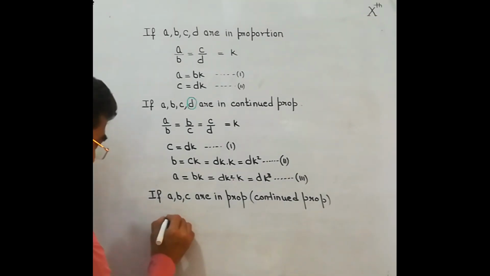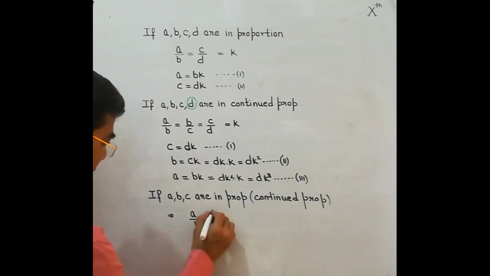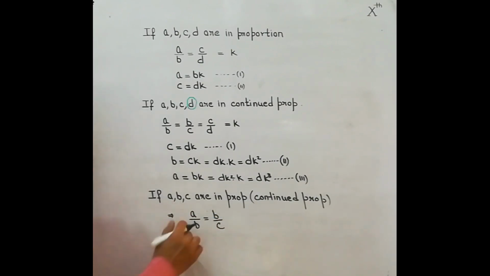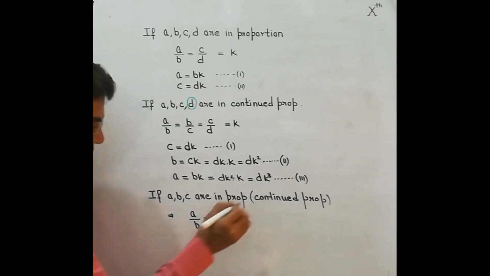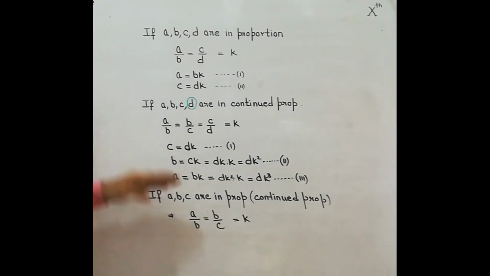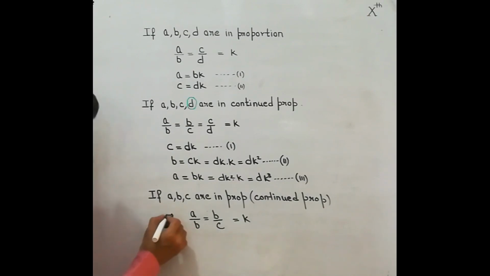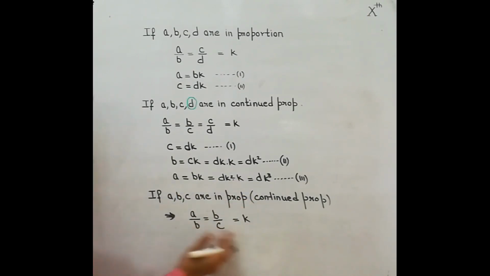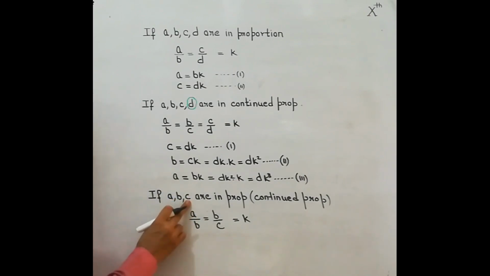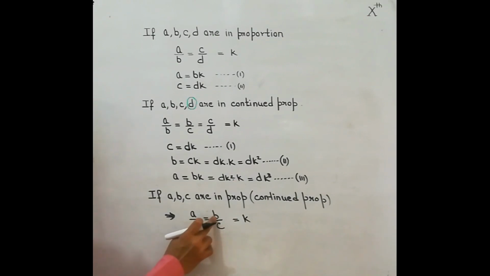And it will be like this: A upon B is equal to B upon C. Let it be equal to K. The same you did over here, you will do over here, because this is continued. So in continued, the last one is C. So you have to get A and B in terms of C. Equating the last one, what you will get?